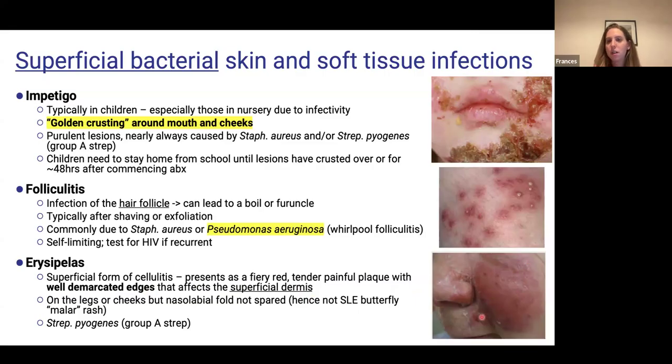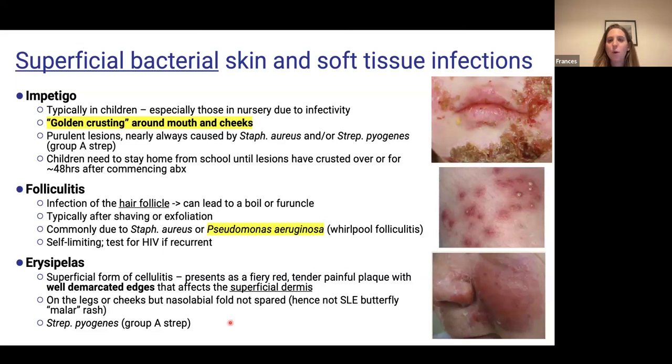So it's very defined where it starts and where it stops. And essentially you can get it on the legs or the cheeks. But in this case, compared to your malar rash, which you see with lupus, you'll find that your nasolabial folds are not spared because it's not the same pathophysiology in this case. And this is typically strep pyogenes or group A strep.